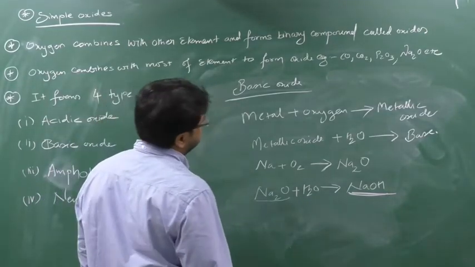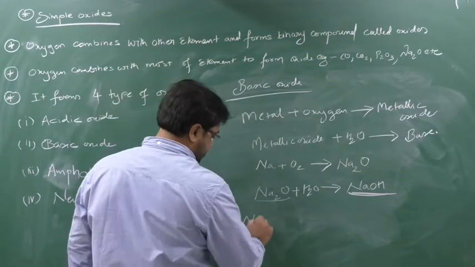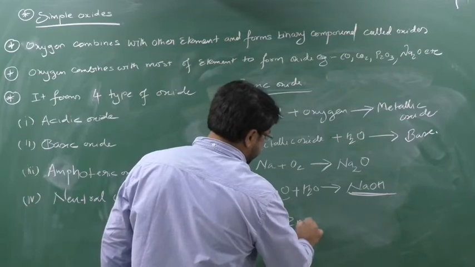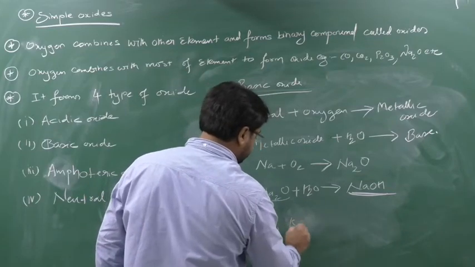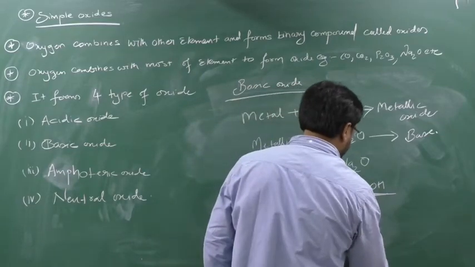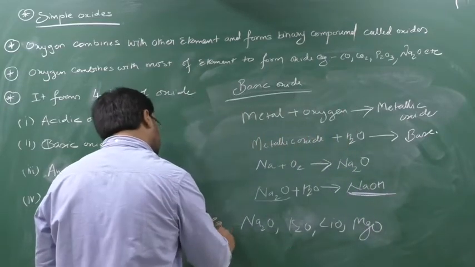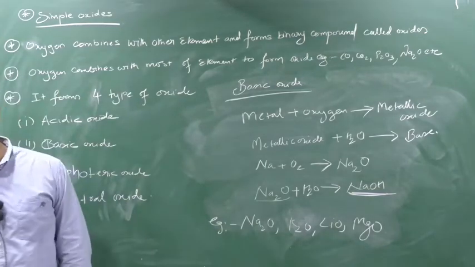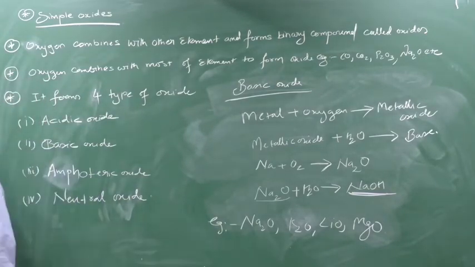Generally, metallic oxides are basic in nature. Write down this example: Na2O, K2O, Li2O, MgO, these are all basic in nature.